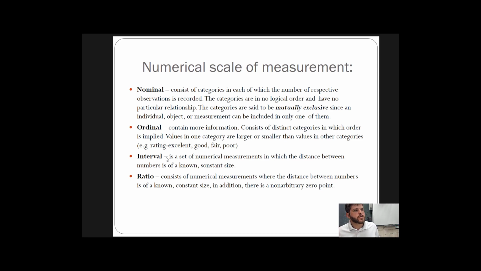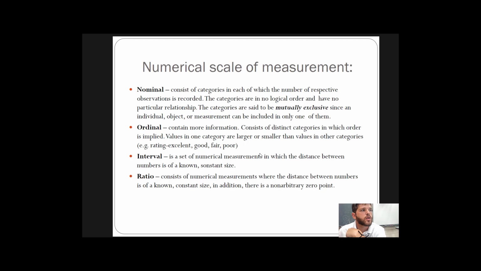Then you have the interval scale, which is a set of numerical measurements in which the distance between numbers is of a known constant size. So interval scales give us the order of the values plus the ability to quantify the difference between each one. And finally, the best one is the ratio.